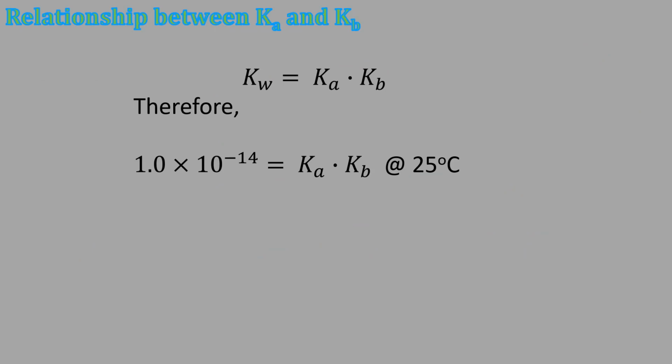All right, so here's a relationship between Ka and Kb that we haven't talked about yet. Because we're dealing with salts, this usually has to do directly with them. Kw is equal to Ka times Kb for conjugate acid-base pairs.